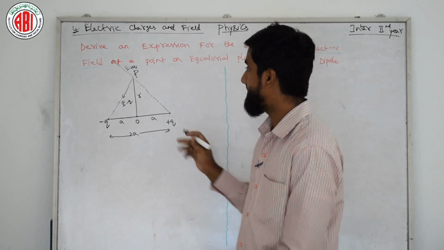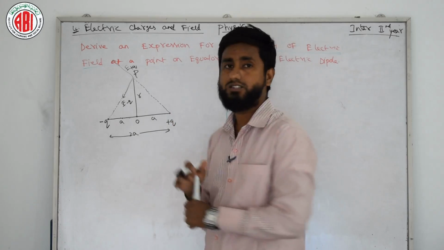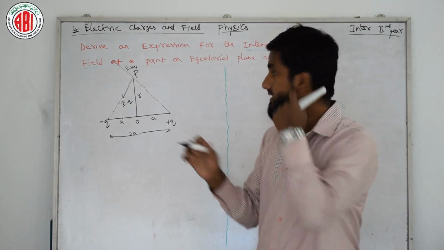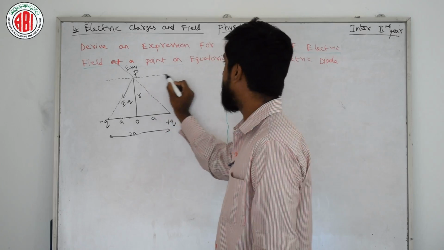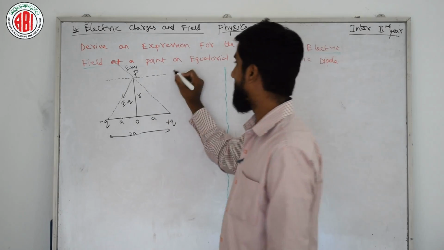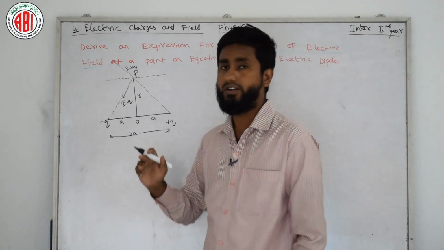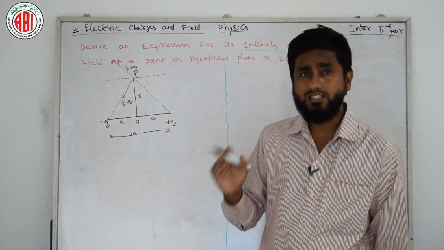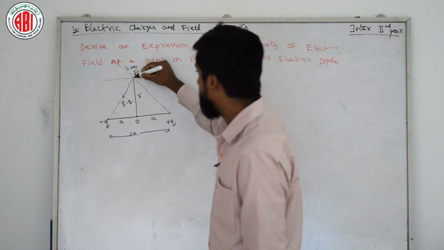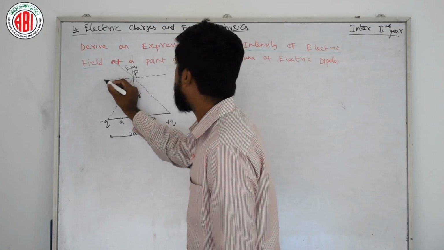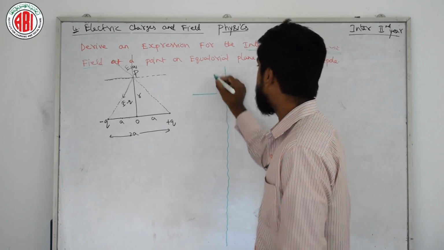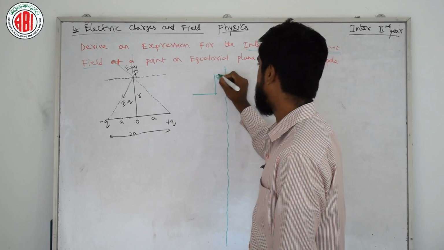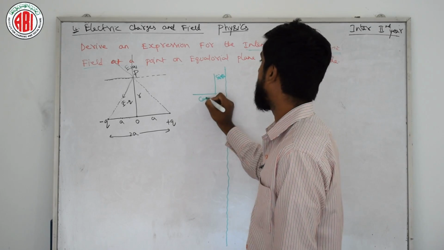Now E minus q and E plus q are vectors, and each has two components, an x component and a y component. For the vector, the components are sine theta and cos theta.